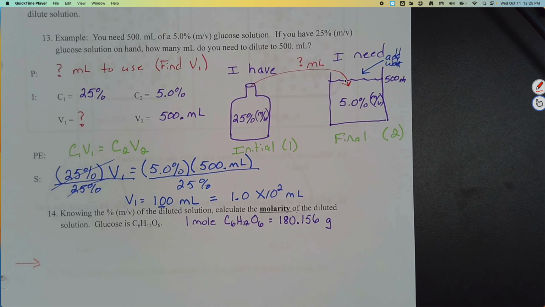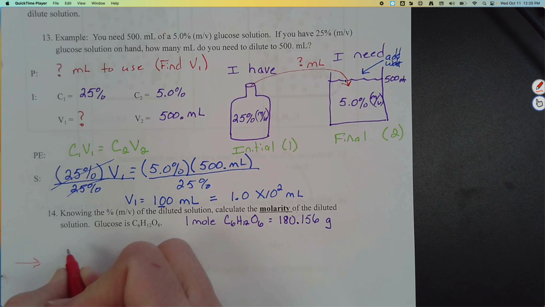And then the last one that I want to look at from your packet is figuring out what's the molarity of this new solution. So now we've made this new solution that's a 5% solution, and I'd like to know what the molarity is.